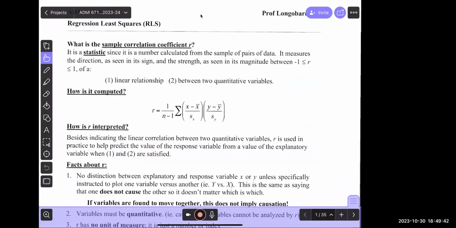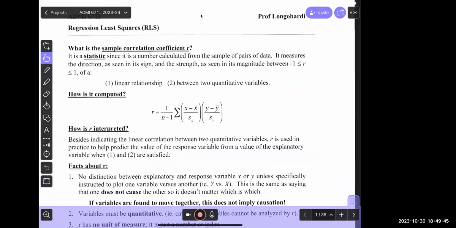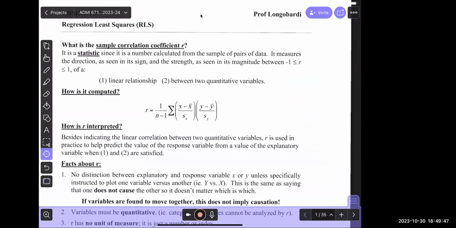It's a statistic. It's a measure from a sample that describes the direction and the strength of a linear relationship between two quantitative variables. It looks like this.